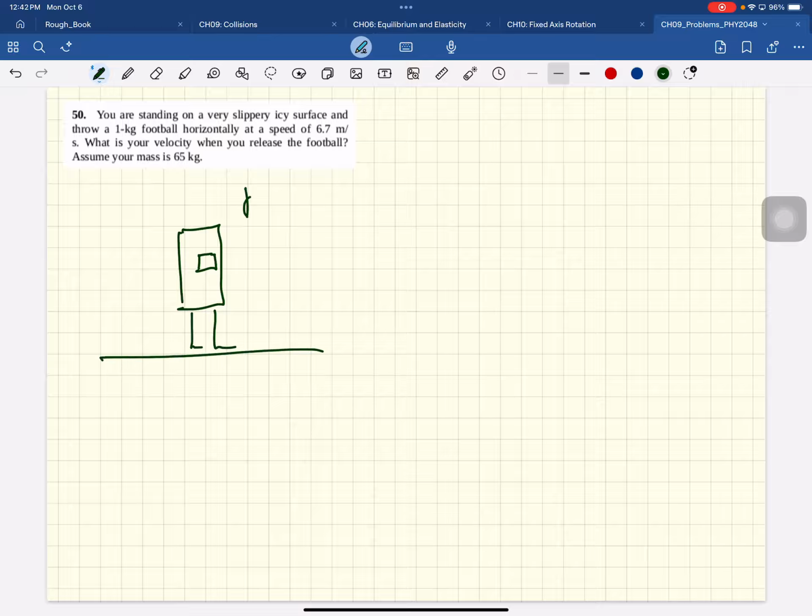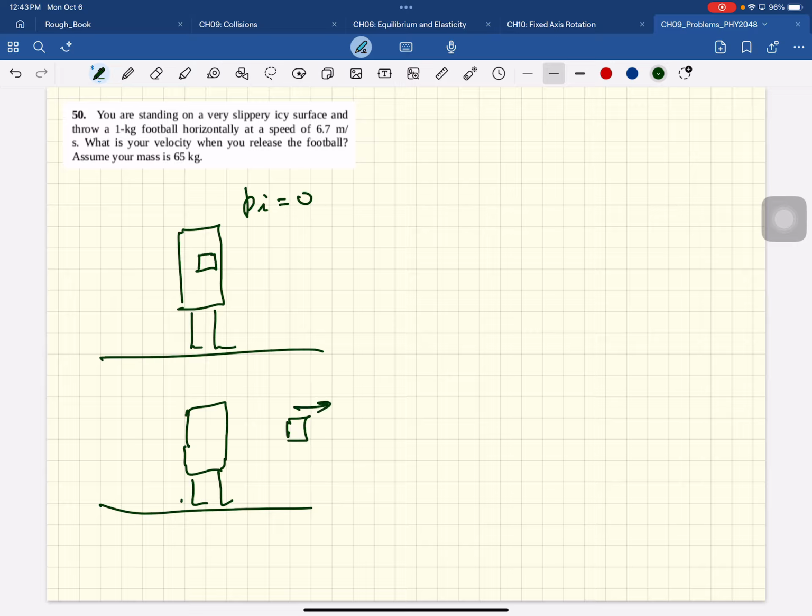So initial momentum is 0, and then you throw the football, and so you have to recoil. So this is the velocity of the football, mass of the football.